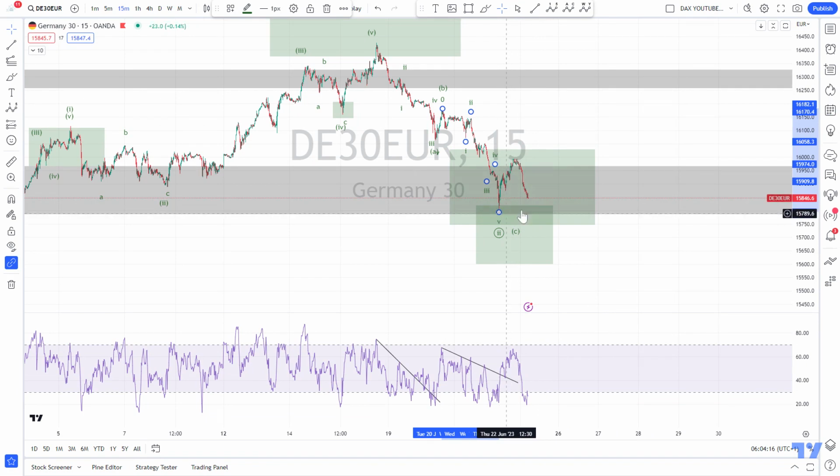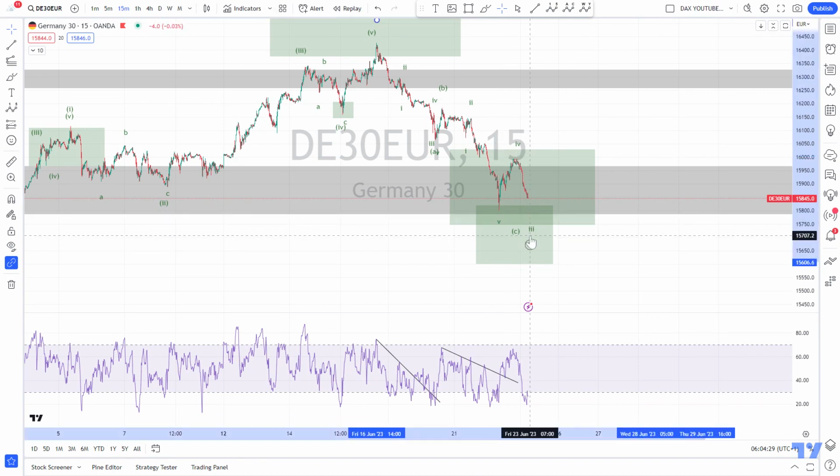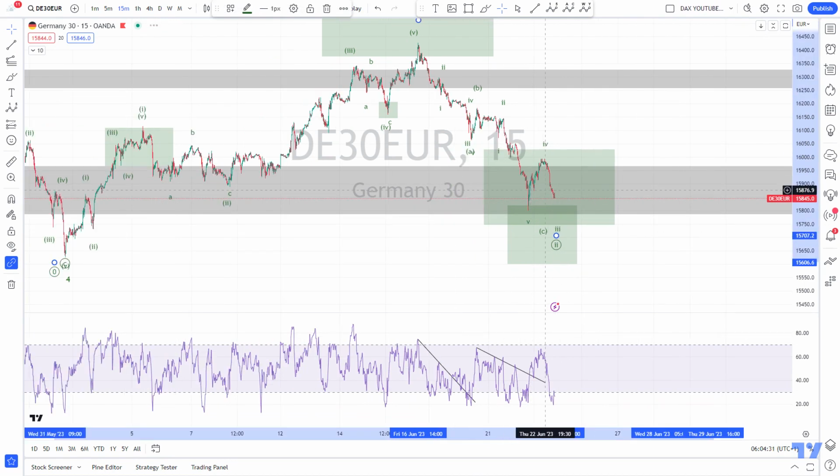However, even in this scenario, I think we cannot exclude that we make another low here, something like this. This would also be possible in my own opinion.